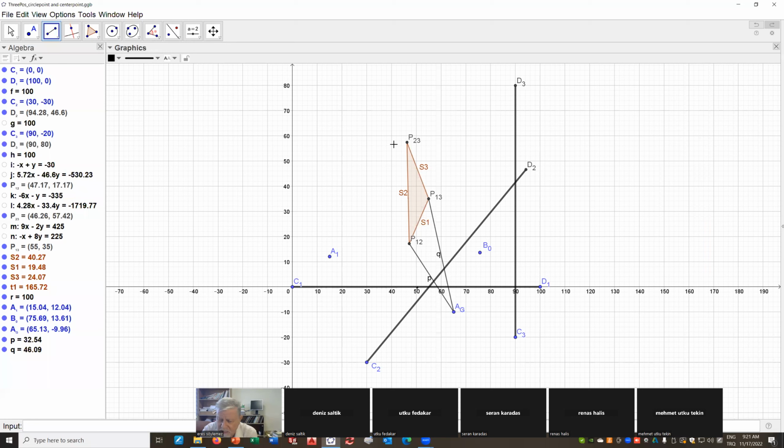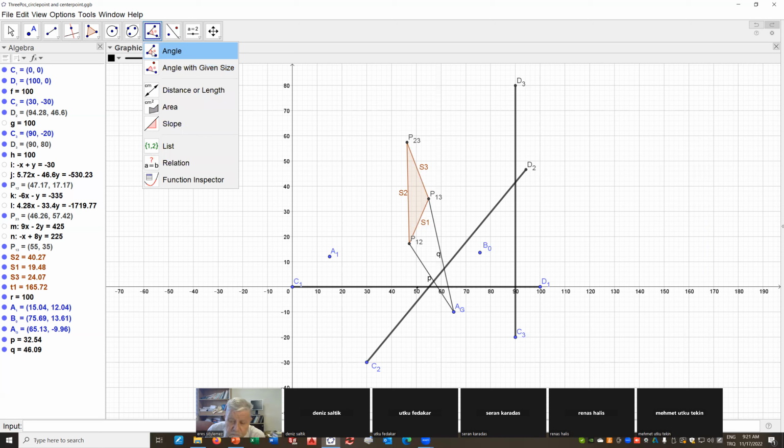That's why I selected these two points. Now, according to the theorem, the angle made by AG P12 with respect to side 1 must be equal and opposite to the angle made by A0 with respect to side 2. Can everybody see that?